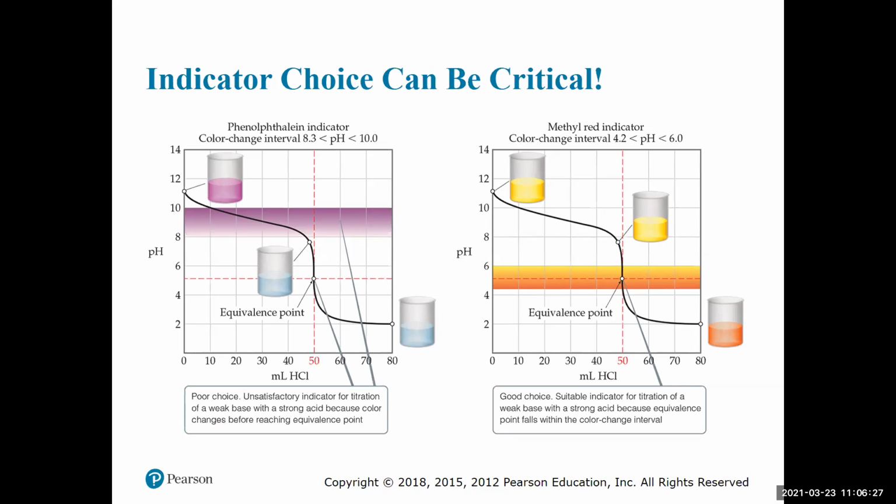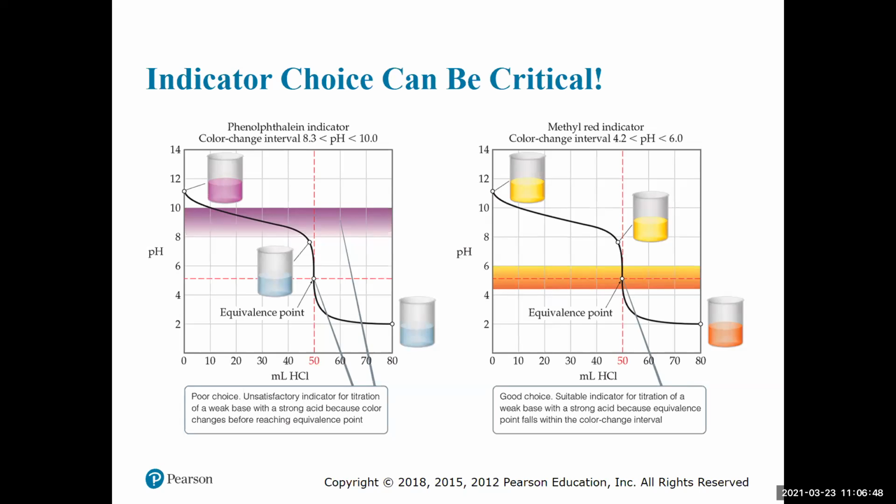So the equivalence point we see looks like it's, I don't know, maybe a little over 5. And our change doesn't occur until 8. So if we're trying to find the equivalence point at 5, we're not going to get it with an indicator that changes in this 8 to 10 range.